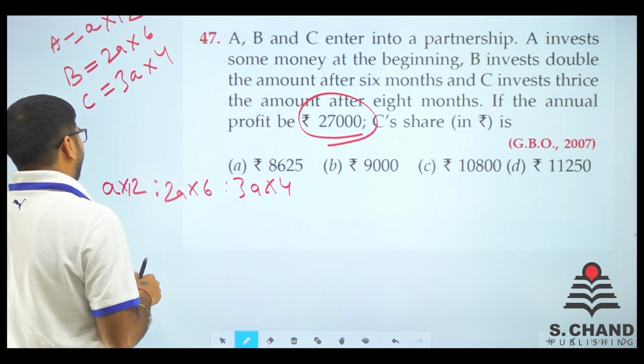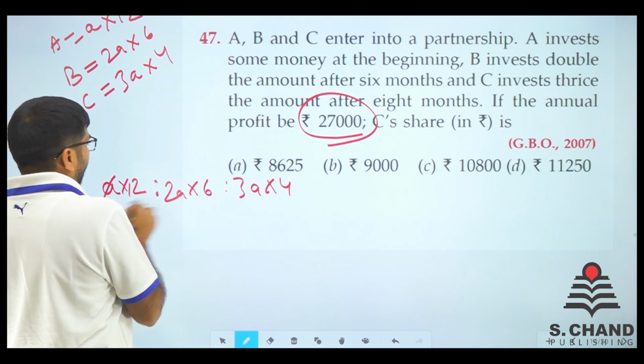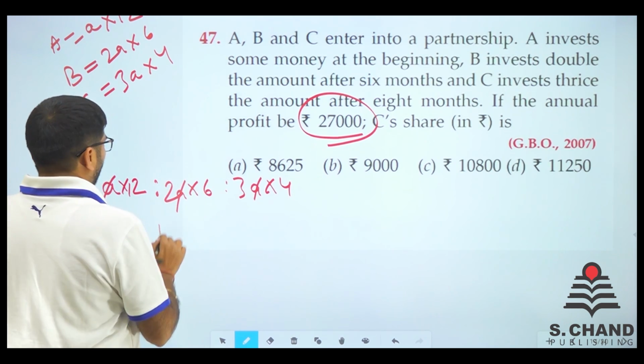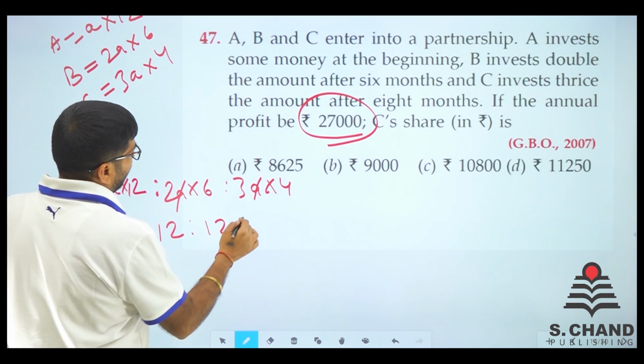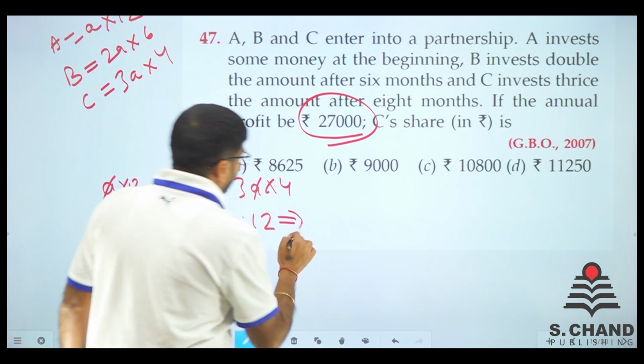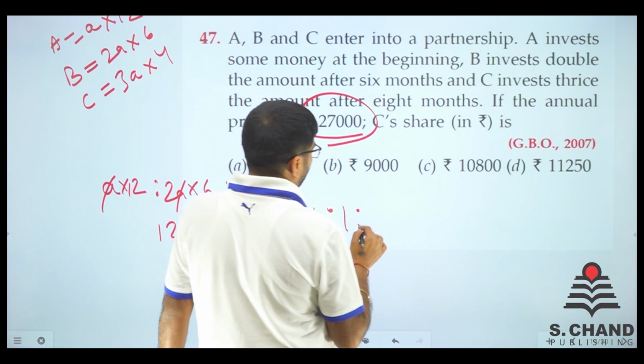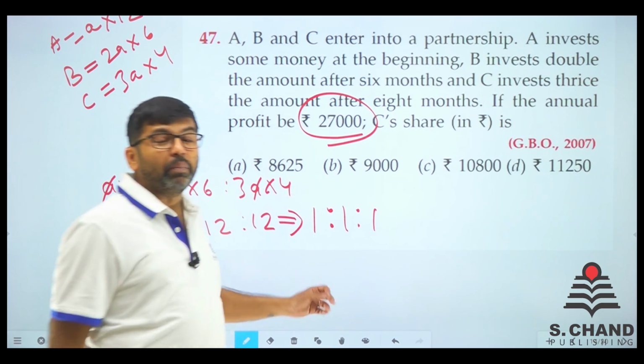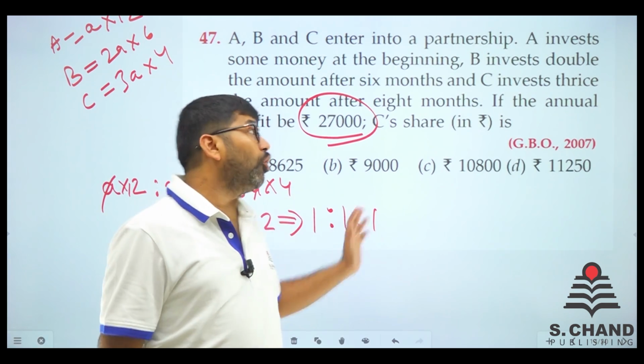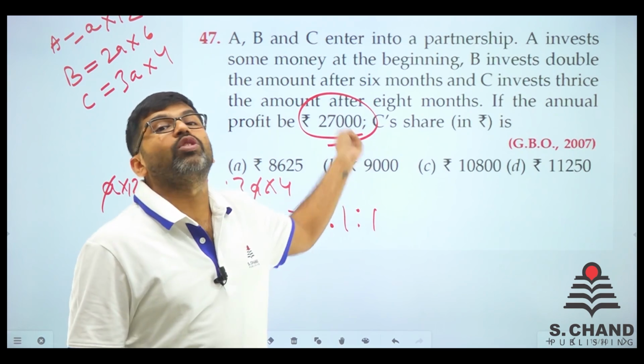If you multiply them, 12A, 12A, 12A. A gets cancelled all over. That means 1:1:1. So everybody gets equal amount, because the money invested was like that only.